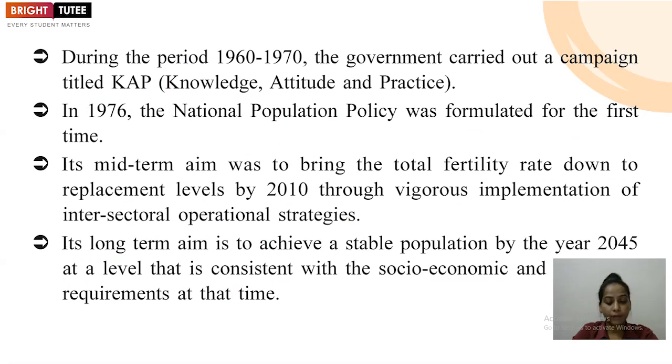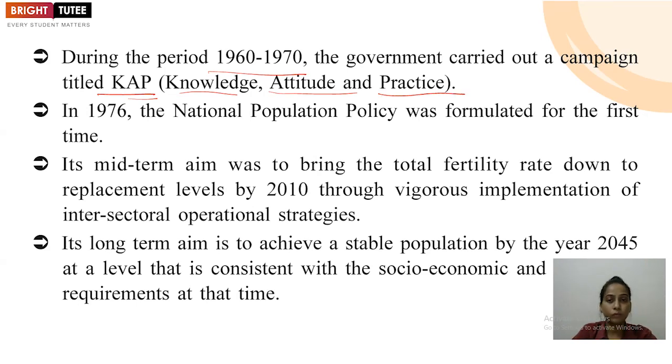During the period of 1960 to 1970, the government carried out a campaign titled KAP. These were all initiatives taken by the government at that time. That was knowledge, attitude and practice.